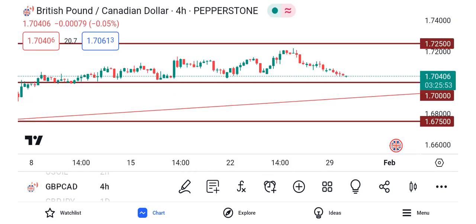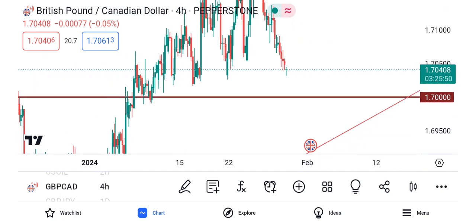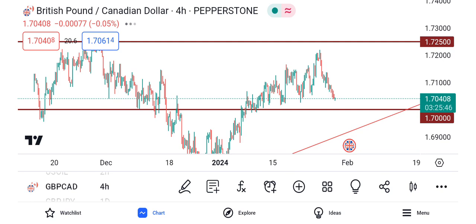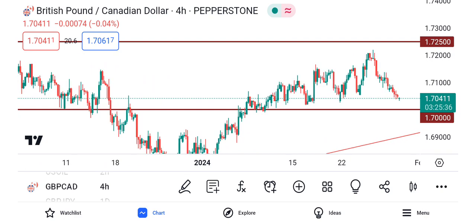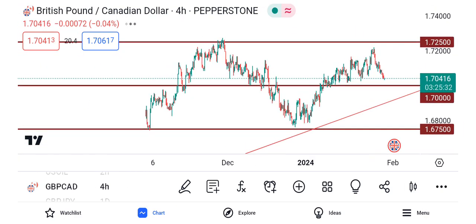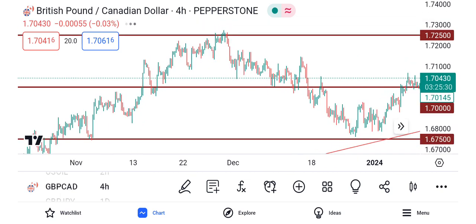The 4 hour is the best entry time frame for you to go on this trade. Honestly, if you try to get things on the 1 hour, it's kind of good, but just to be on the safer side and to avoid fake outs and stuff like that. So you can see how this price respected those quarter points.